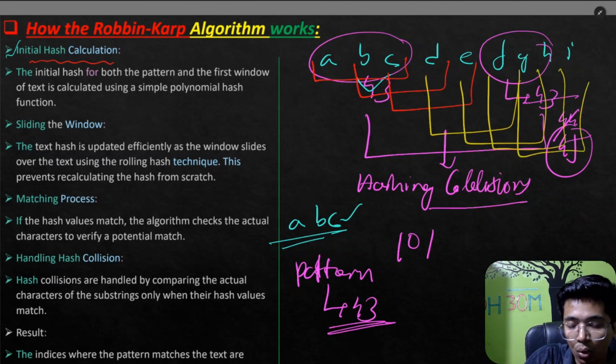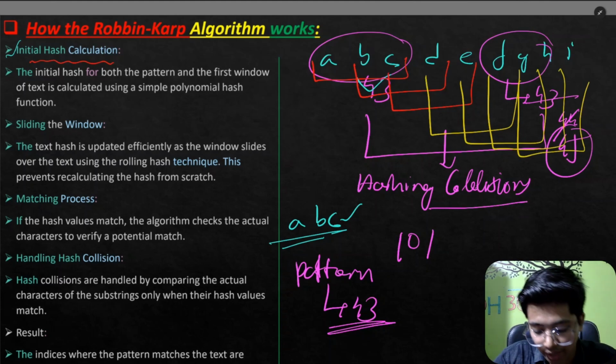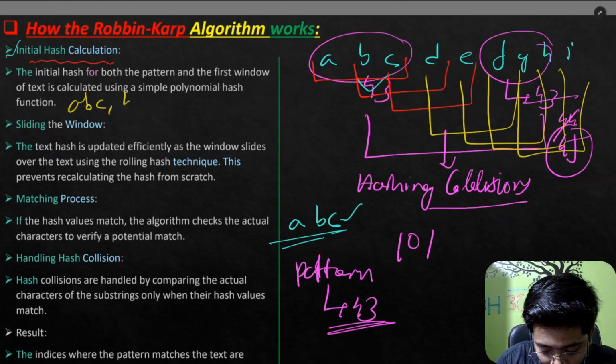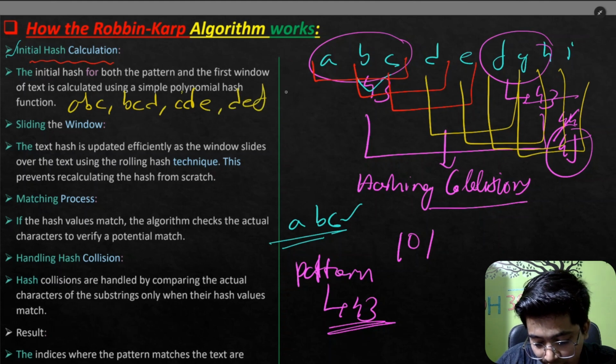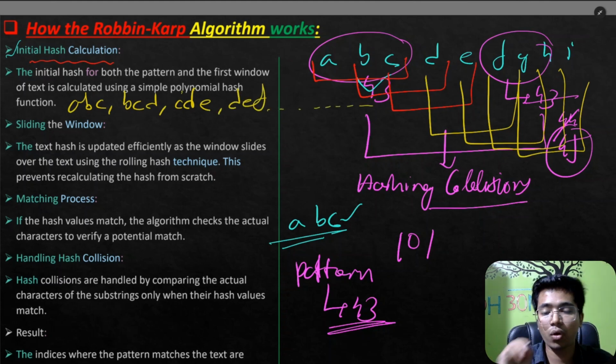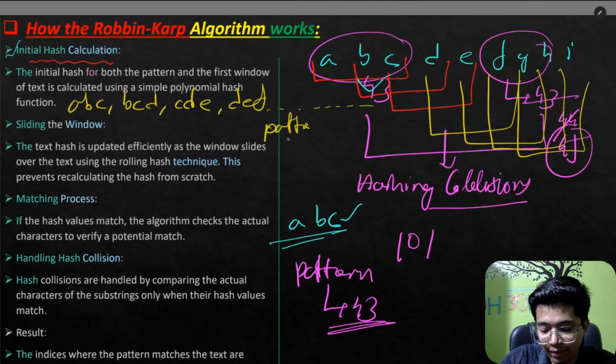We calculate the initial hash for all of them, and also the hash of the pattern. Whatever the pattern is, if it is ABC, we calculate its hash.